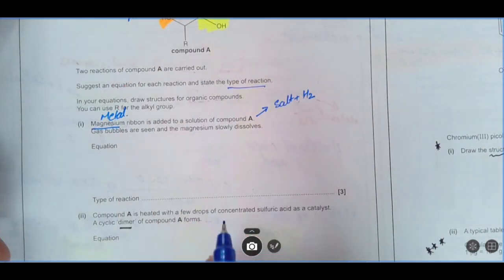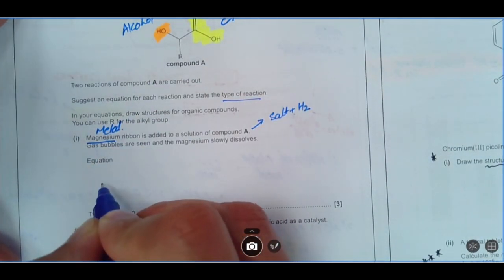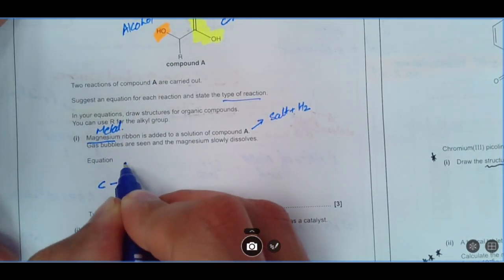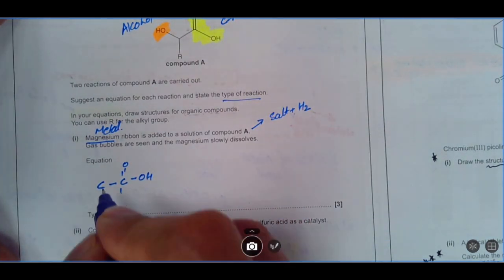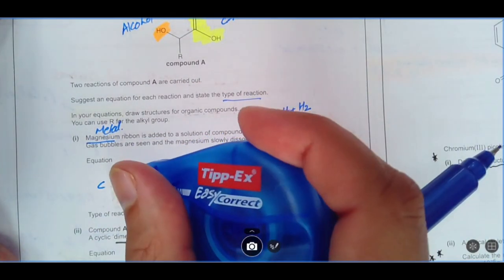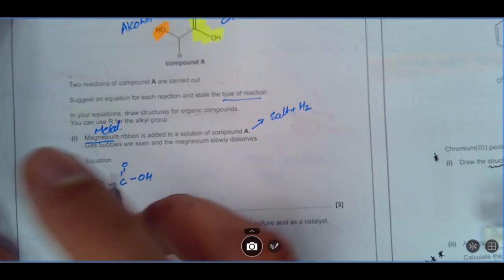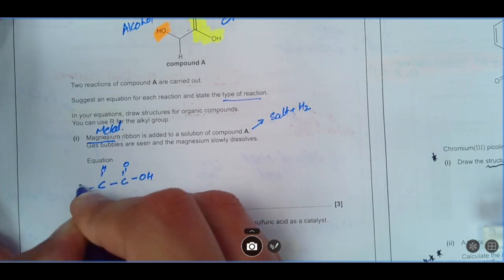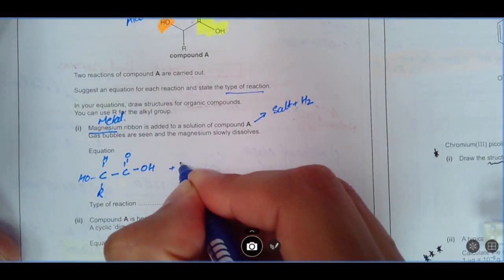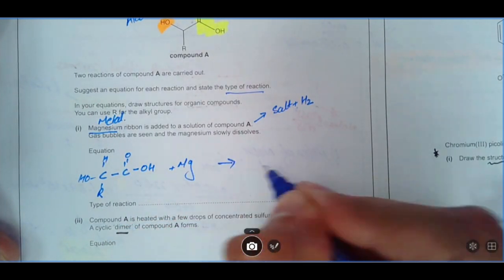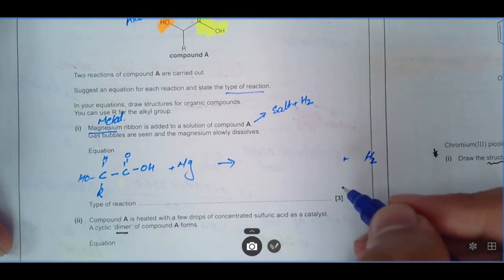So if I write down this molecule again, it will be C dash C double bond O dash OH. At this location you have nothing, otherwise you'll have 5 bonds here. You will have a hydrogen here, HO here, and at this location we have got R. If I react it with Mg, only H2 will be given out.